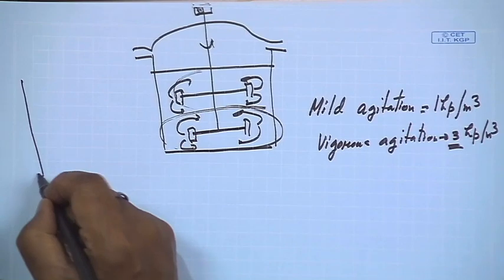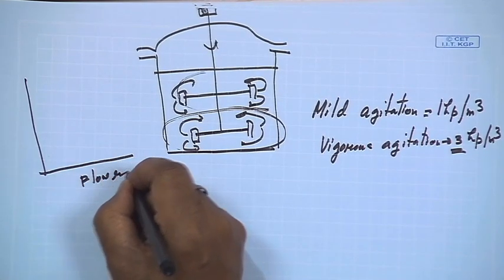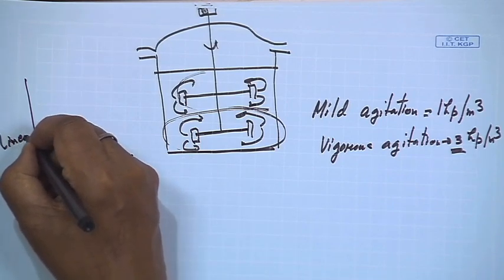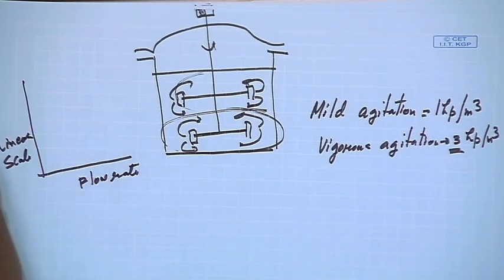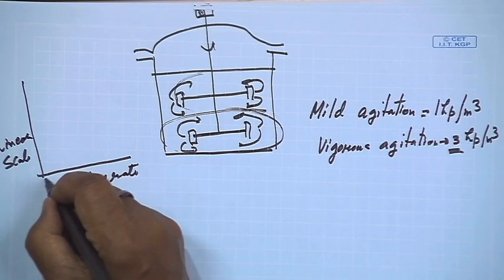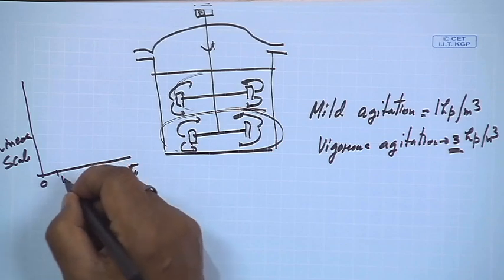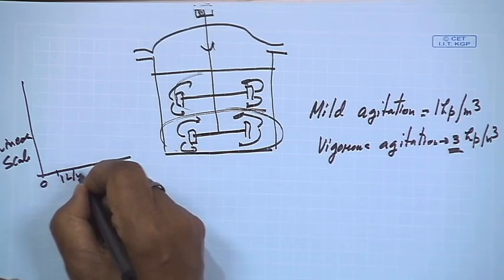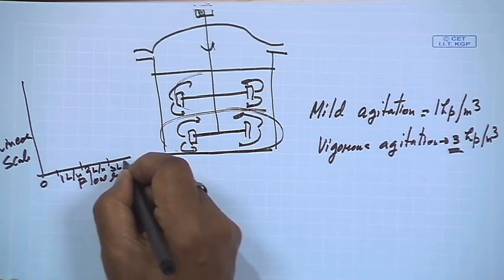So you can plot this flow rate, and then you have a linear scale. This is the linear scale. Now suppose here this is 0, and this is the flow rate. You can have 1 liter per minute, this might be 2 liters per minute, it might be 3 liters per minute, like this.